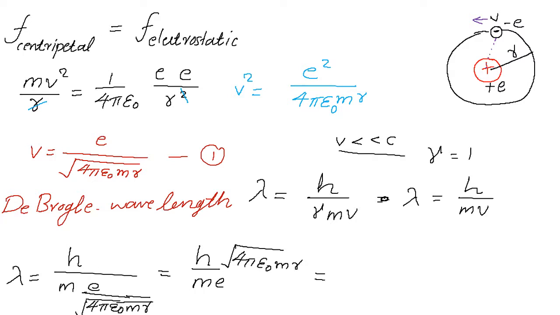Upon simplification, we'll get this as h divided by E. See, you have one m here in the denominator and you have one root term in the numerator. So upon simplifying, you will get root term in the denominator. So I'm going to write everything as a single radical.